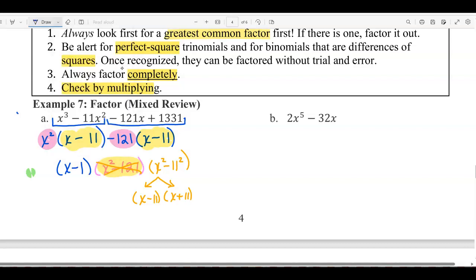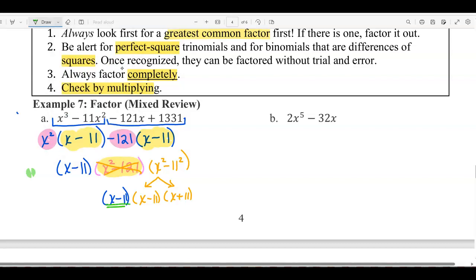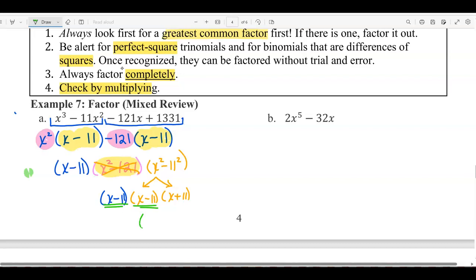And I still had this factor of x minus 11 that I wanted to bring down. So we had an x minus 11, and then we added another x minus 11, and then an x plus 11. So now I should recognize that these 2 factors are the same. So we want to write that as a square, and then I'm going to bring down that x plus 11.